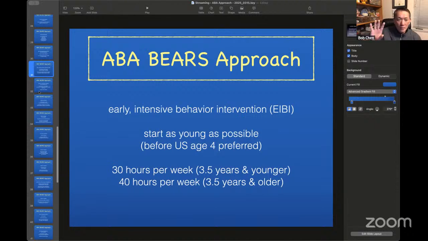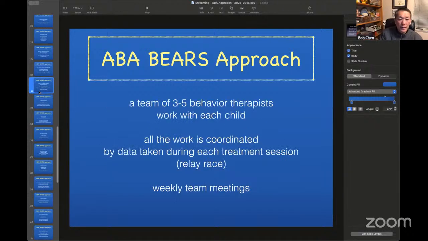So don't look at that 40 hours and be like, okay, 40 hours is nothing. Okay. The whole idea here is that treatment has started for the child. Okay. And it's ongoing until they don't need any treatment anymore. Okay.